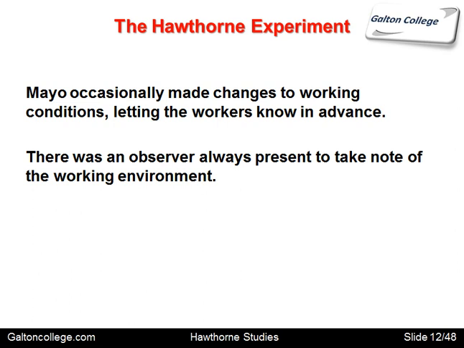So the whole working environment was written down, as many variables as could be observed. For example, the ones I mentioned earlier, say humidity, temperature, the light conditions, all aspects of the working environment, even ones which could not be quantified. For example, friendliness, as I mentioned a second ago as well.